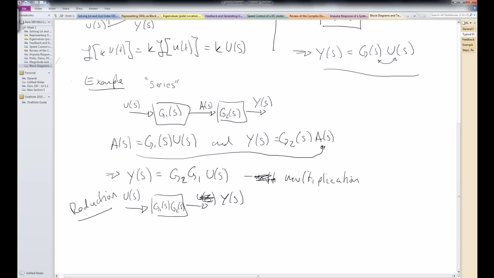Another example is if I have things in parallel. In other words, here's series. Here, let's look at parallel.